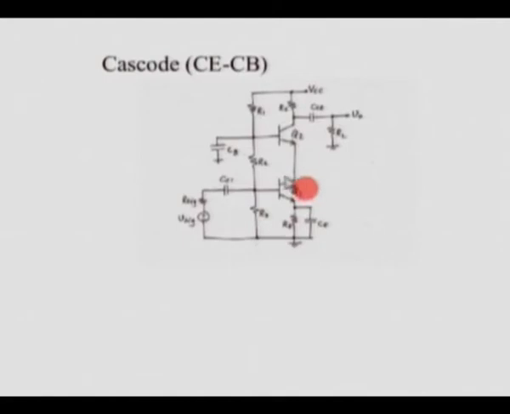In this particular case the voltage gain of the common emitter would be just unity, and therefore the multiplication of that C mu which we talked about does not happen.